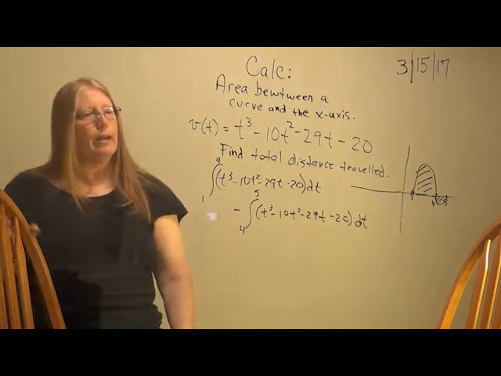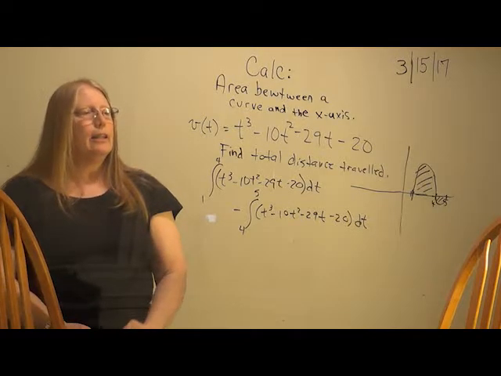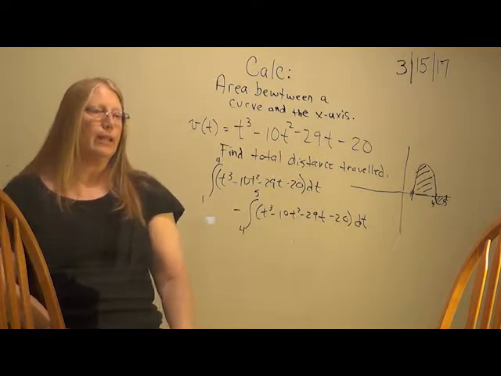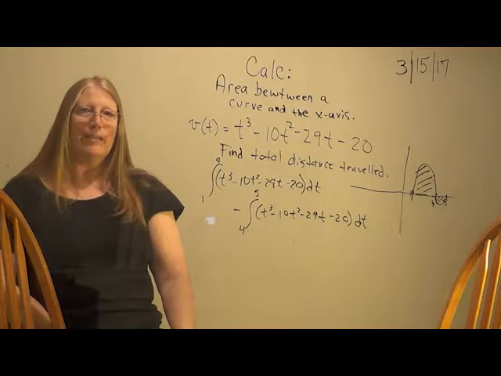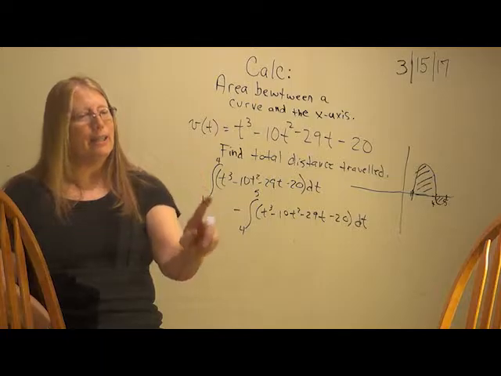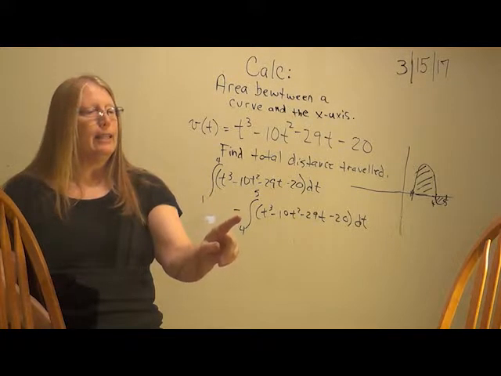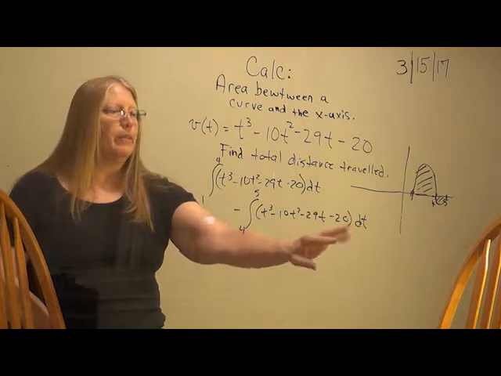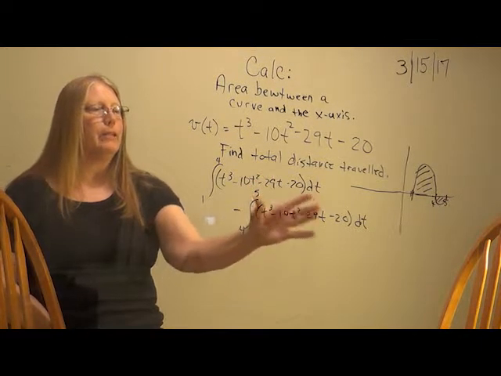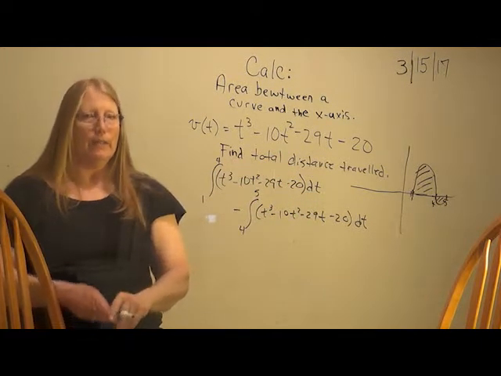Alright, so a little bit of legwork. I'm going to take the integral of this, which I mentioned earlier, and then evaluate it at 4 minus at 1. And then I'm going to do the same thing with this integral, evaluate it at 5 minus 4, but I'm going to subtract that value from the original.